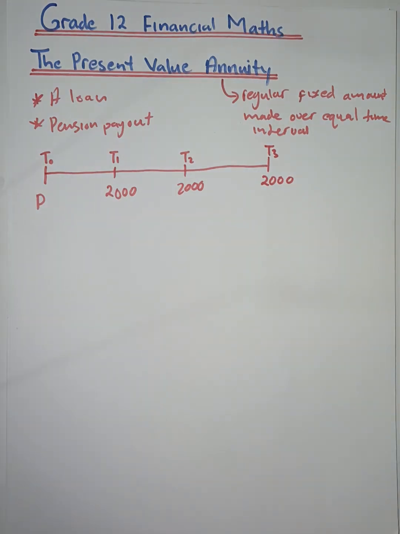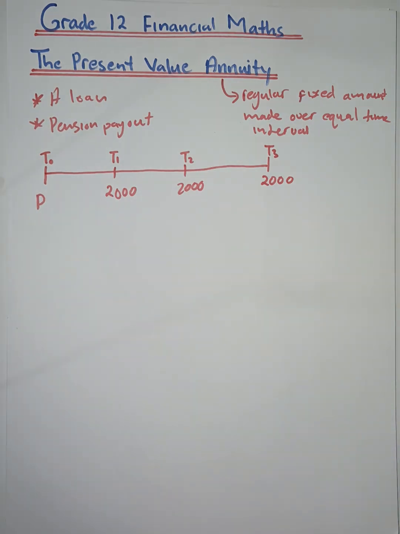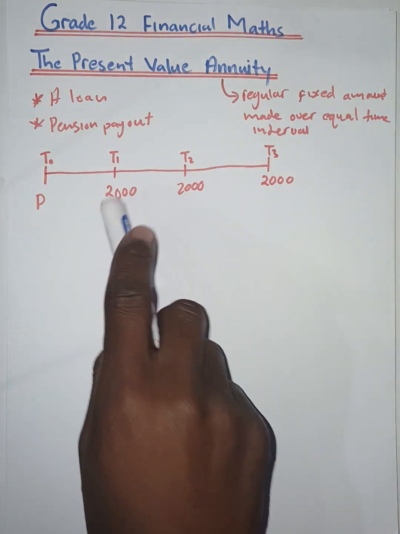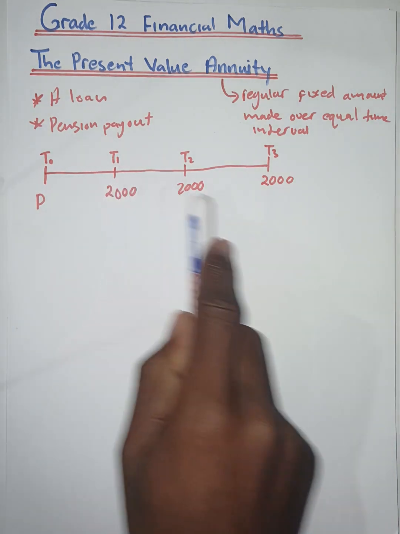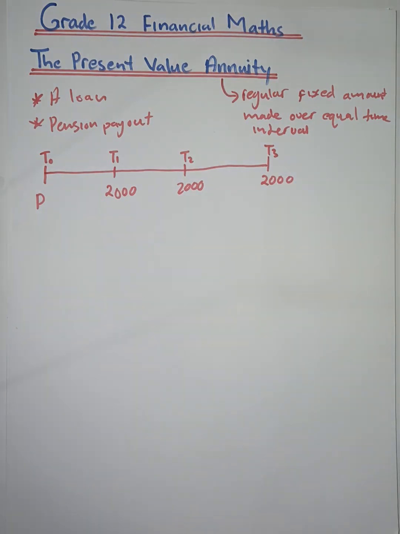So in this case, of course, to find out the amount of loan that they granted us, what you cannot do, remember I mentioned this, is take those three amounts and say that's 2,000, 4,000, and 6,000, so they granted me a loan of 6,000. It actually doesn't work in that way.